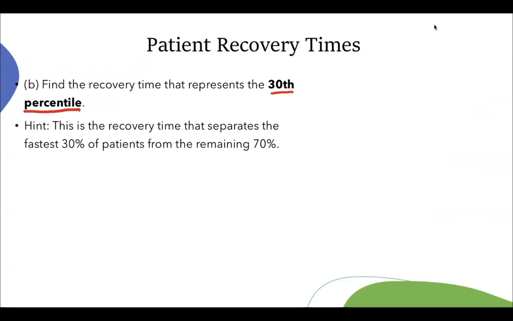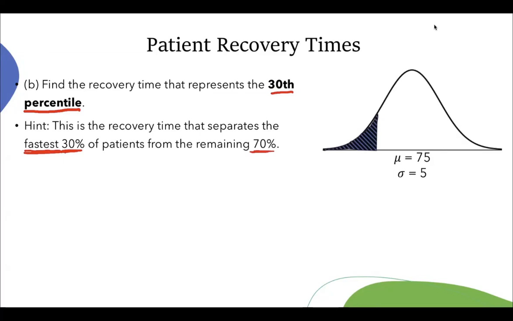So we're going to make a shaded area that blocks off the bottom 30%, and that's the fastest 30%. These are the patients who recover the fastest, and the remaining group, there's 70% of patients outside of that bottom 30%. We're finding the cutoff between the bottom 30 and the top 70.